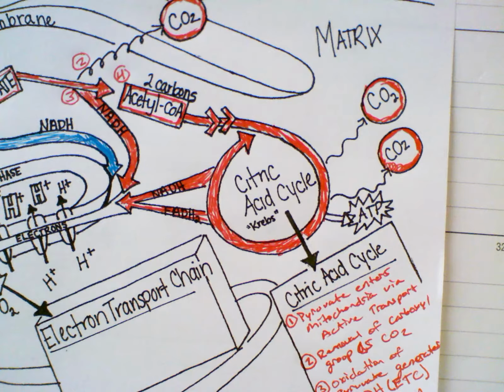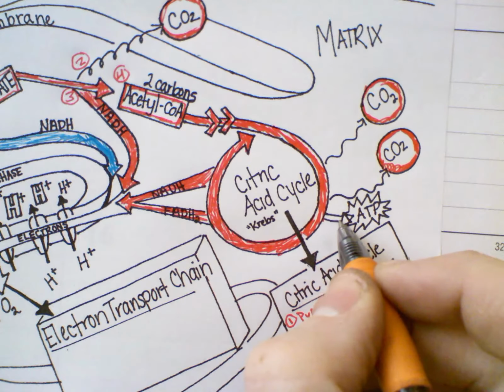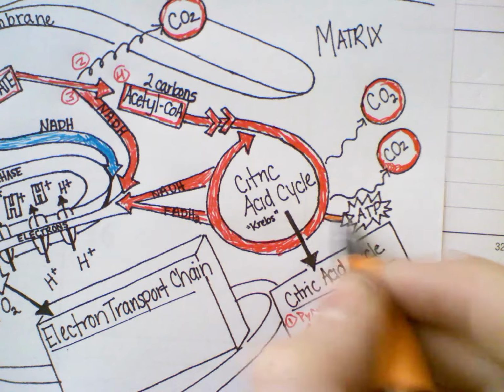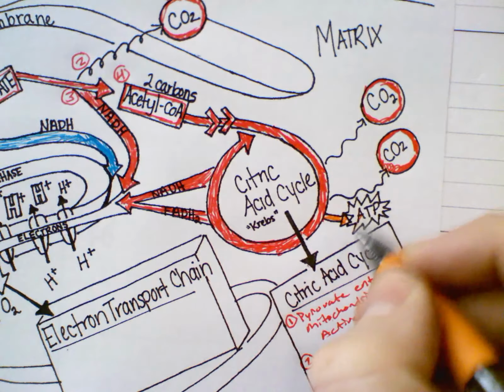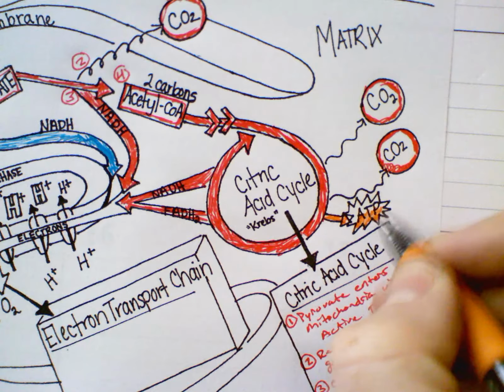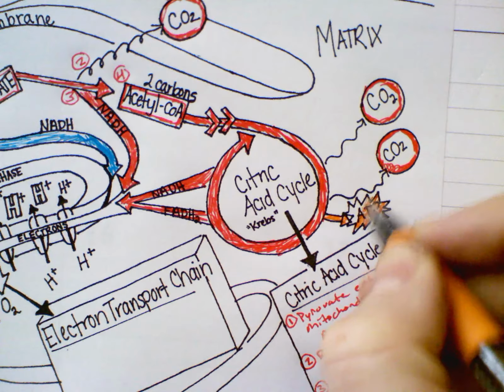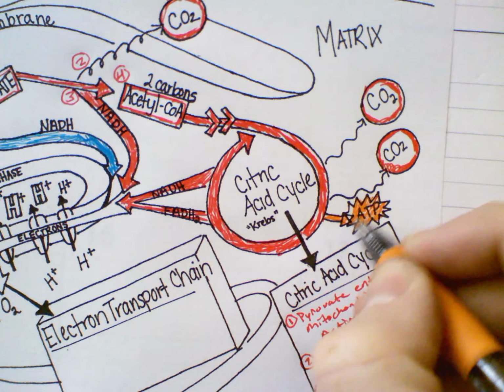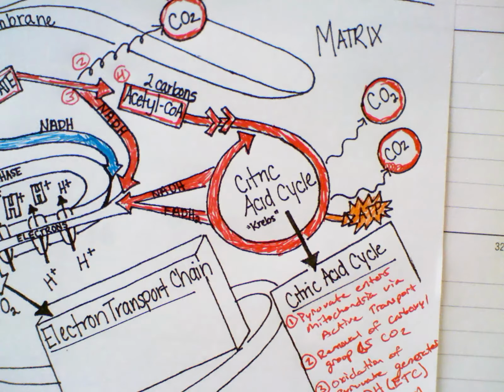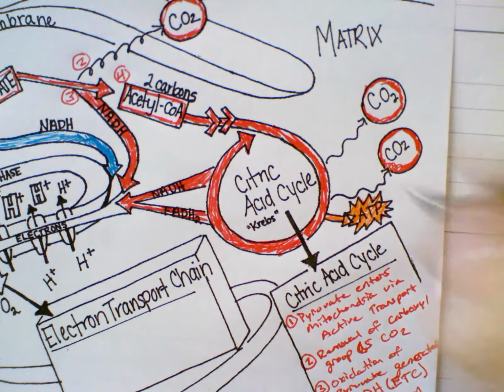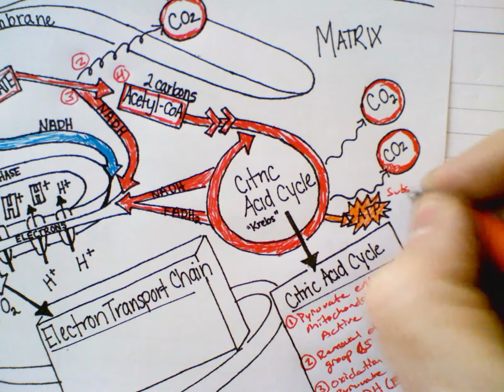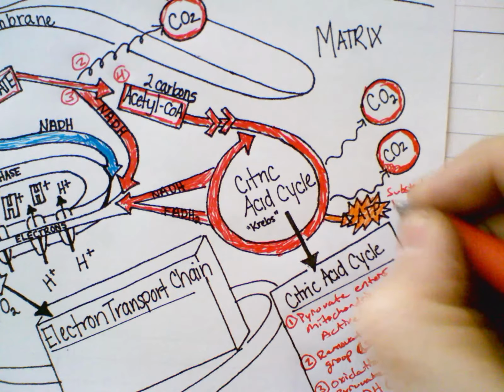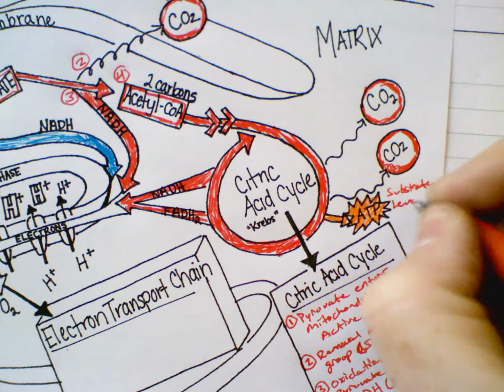All right. We get a little bit of ATP here, and the ATP that gets generated here is from substrate level phosphorylation, which is something else that's in chapter 9. It breaks down the 2 different types of phosphorylation. So this is done through substrate level. And we don't get very much here, but we get a little.